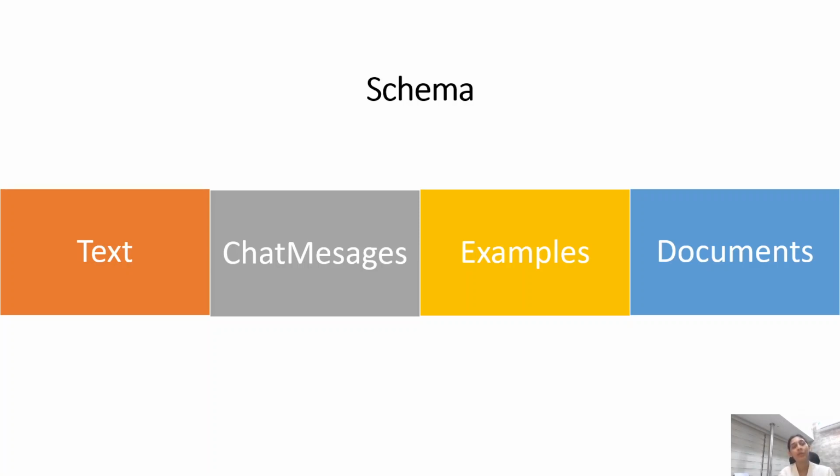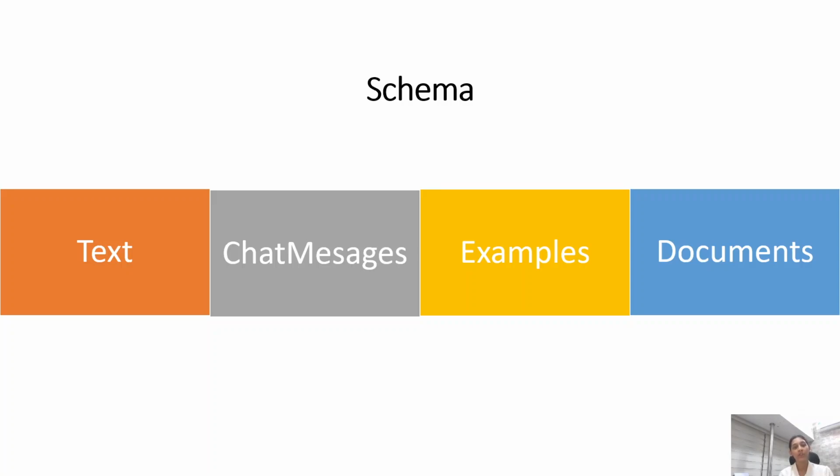Whenever we need to ask the large language model something, like what are the days of the week, or when is the birthday of Mahatma Gandhi, this is the text that we give as an input to a large language model, and the large language model also returns us text. So this is an example of text.